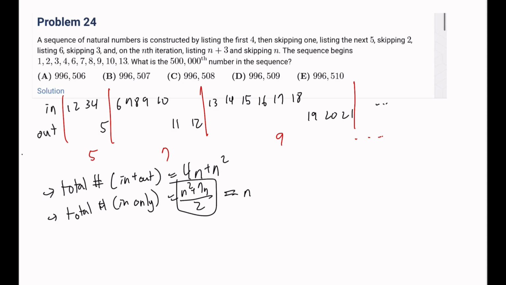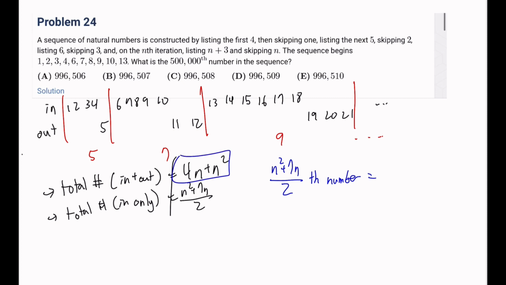And so by these two, what we get is that the n squared plus 7n over 2 number is equal to 4n plus n squared.